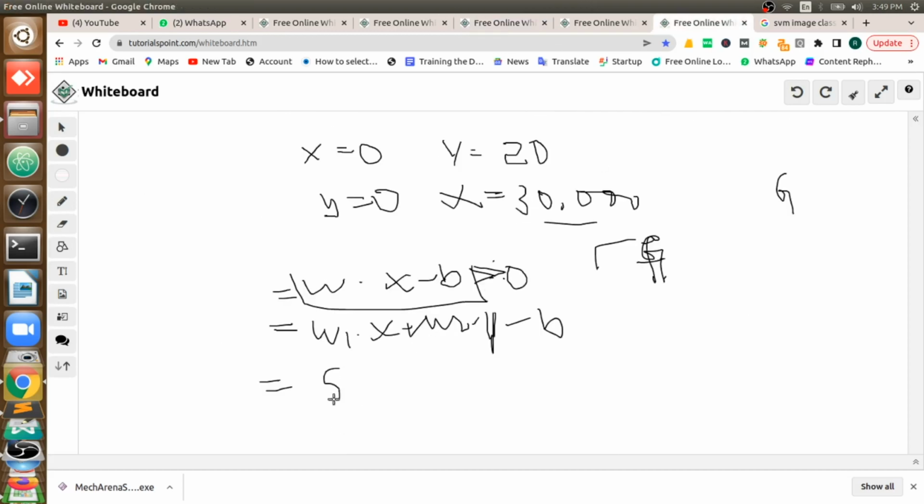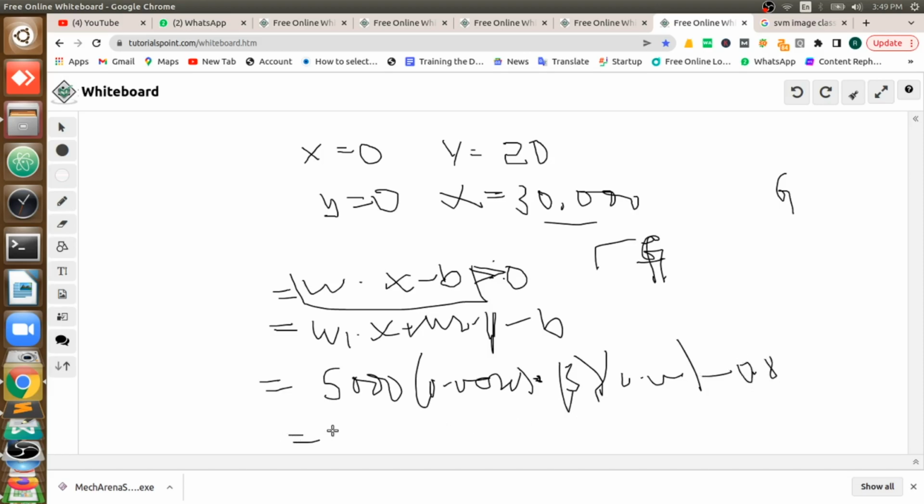And w1 we know is 0.0026, plus y I will take 3. This is a new point. And w2 is 0.04, minus 0.8. Once you do this, you will get the value minus 0.55.